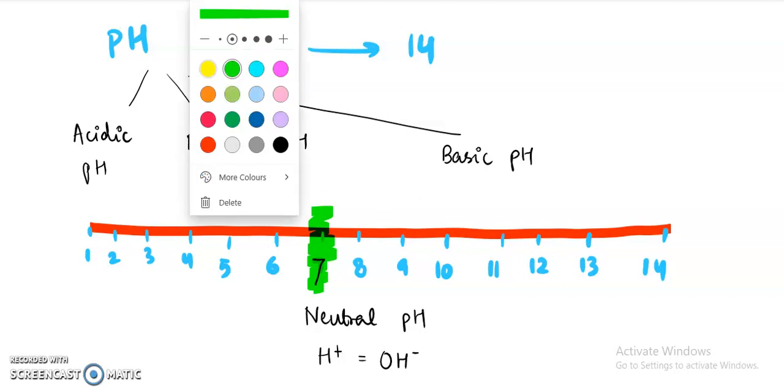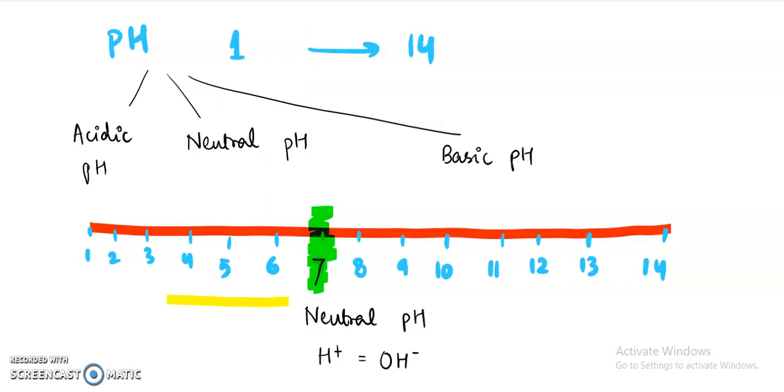But if the value of the pH is lower than 7, that means we are moving along the yellow arrow, and the pH is going to be acidic. In case of acidic, H+ ions will be more than OH- ions.